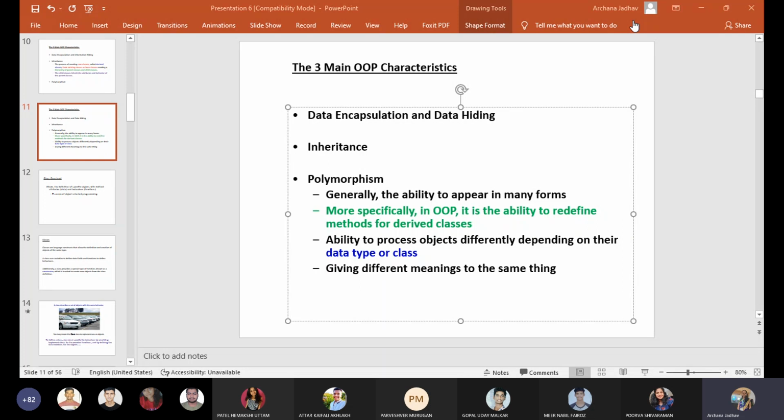For example, the name is a common attribute for person, student, employee and worker, and I share it and get the information of what name I have for an employee, a student, and a worker. That is called message passing.